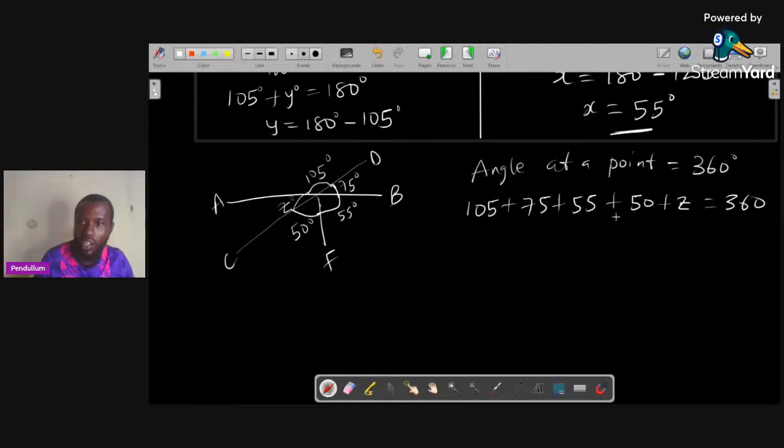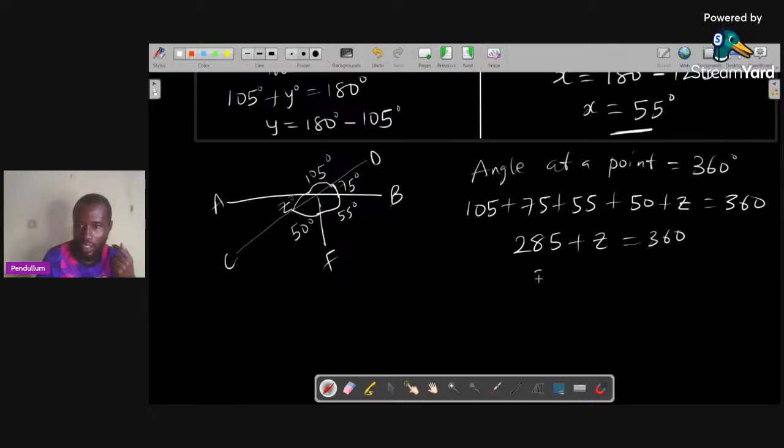Let's add up everything here. 75 plus 55 is 130. 130 plus 50 is 180, right? 180 plus 105 is 285. So 285 plus Z is equal to 360.